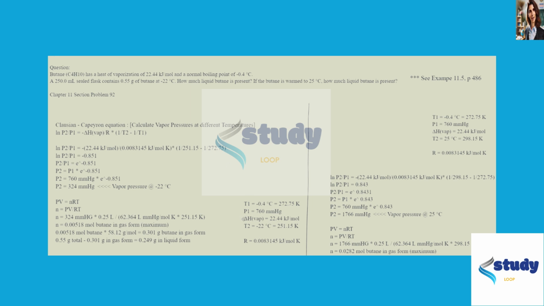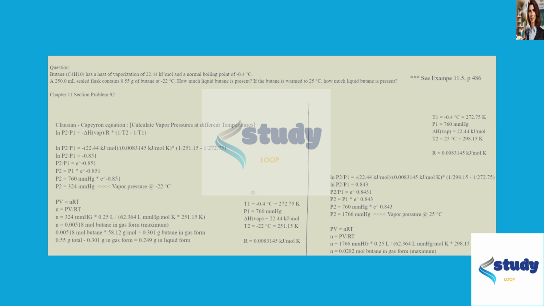Okay, so there are some things that we can pull out of the question itself. The heat of vaporization is 22.44 kilojoules per mole. And the temperature, the T1, is the normal boiling point, which is minus 0.4 degrees Celsius.